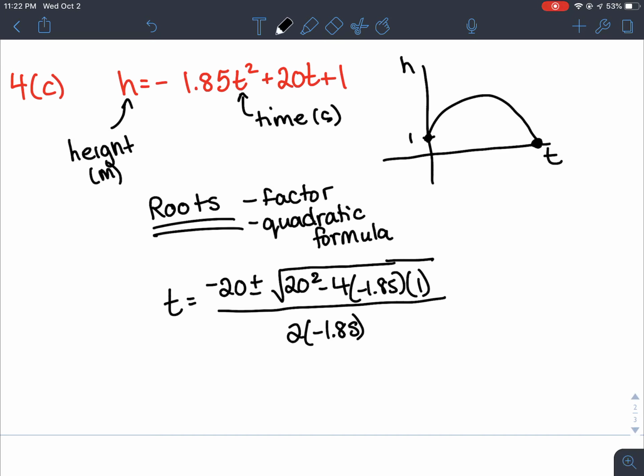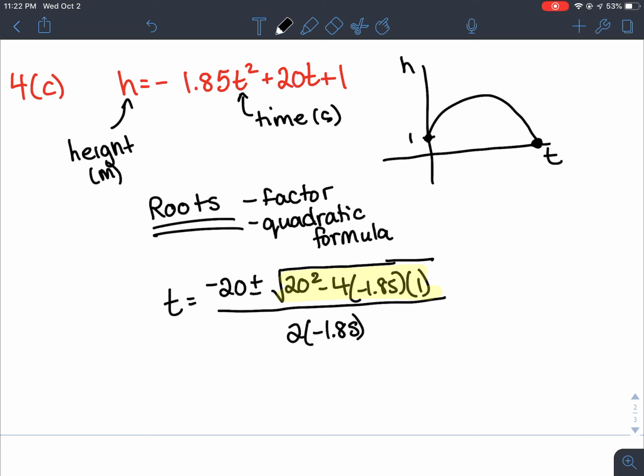Just be careful with this formula. I personally like to do my root first, so I have a value under the root sign. Then I do negative 20 plus the square root of whatever, and hit equals before dividing by the denominator. It's good to show your steps to make sure you don't do anything incorrectly.